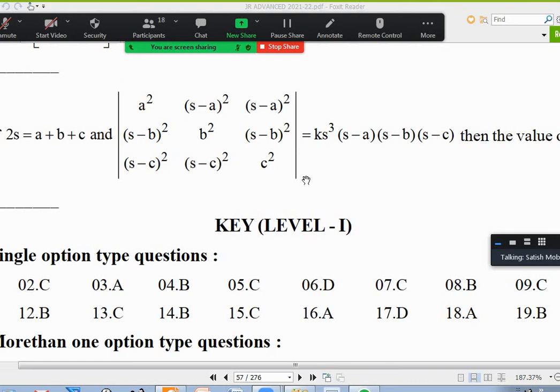They want us to prove it equals some K times S cube times (S minus A)(S minus B)(S minus C).